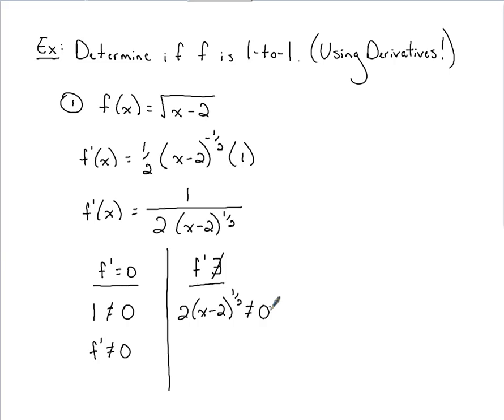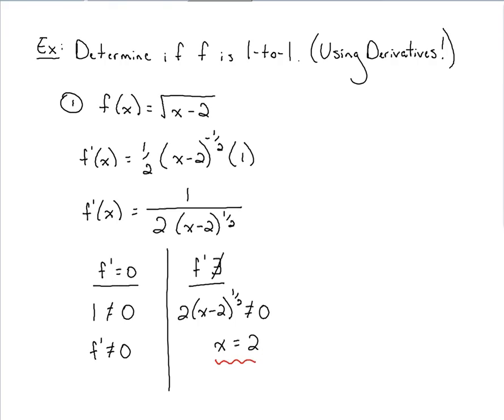X is 2, right? So when x is 2, that would make the derivative not exist. This x equals 2, this solution I got back from this side, is what we will eventually be calling this critical number and have a further definition for. Right now, it's just a value we're using to see if the function is 1 to 1.